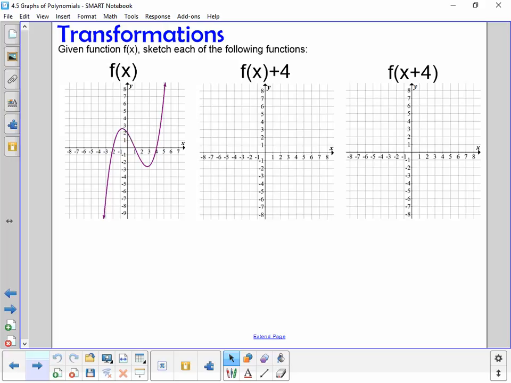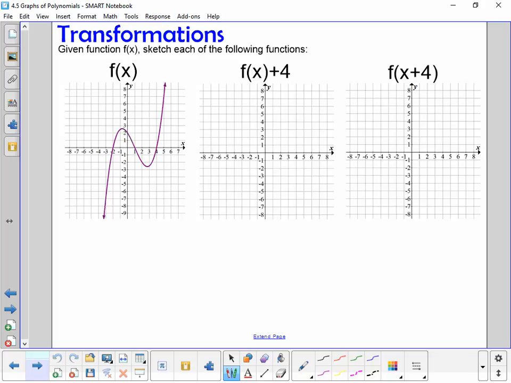But we could, if we know what the function looks like, we could think about what transformations of that function might look like. And again, the actual shape itself of the graph will depend on which polynomial function it is, but if we know the shape of the polynomial, we can transform it.